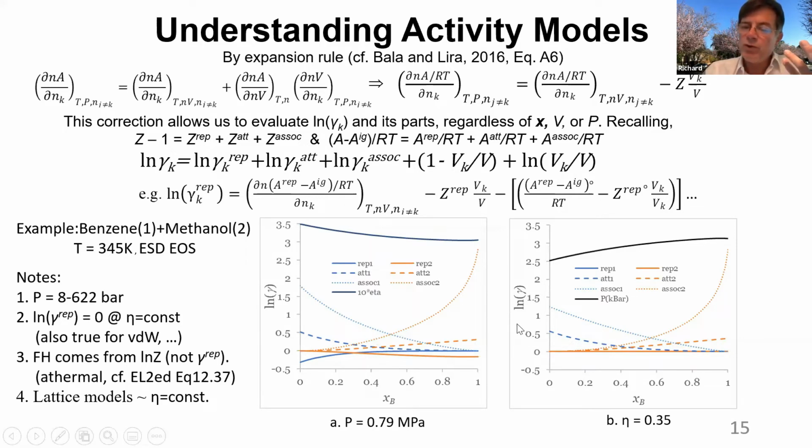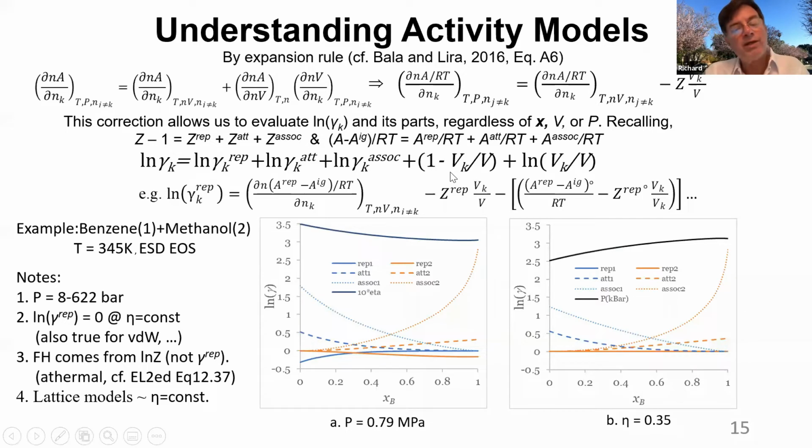Well, if you do the comparison at constant packing fraction, you get something very interesting. And that is the repulsive contribution to the activity coefficient is actually exactly 0. So where does this athermal term come from?